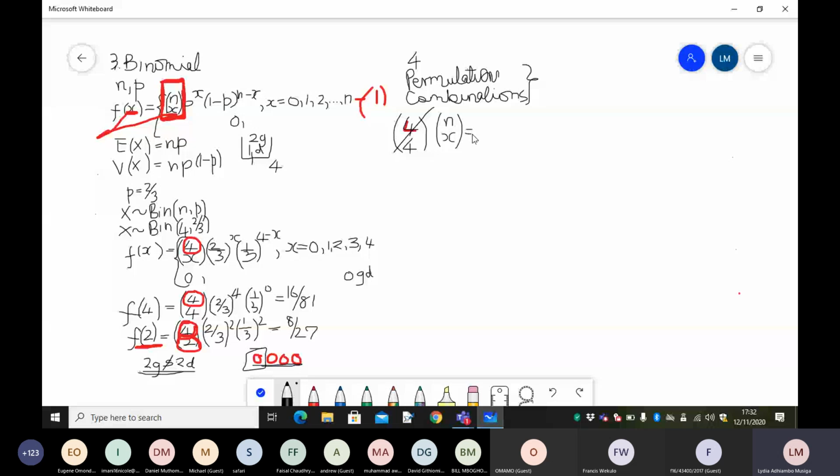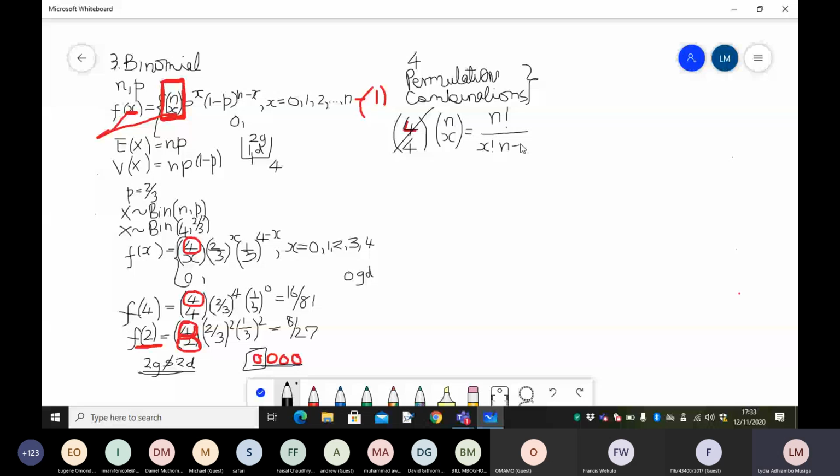When I have n combination x, and some people usually say n choose x, what do we really mean? We are saying n factorial over x factorial times n minus x factorial. This is what it means.